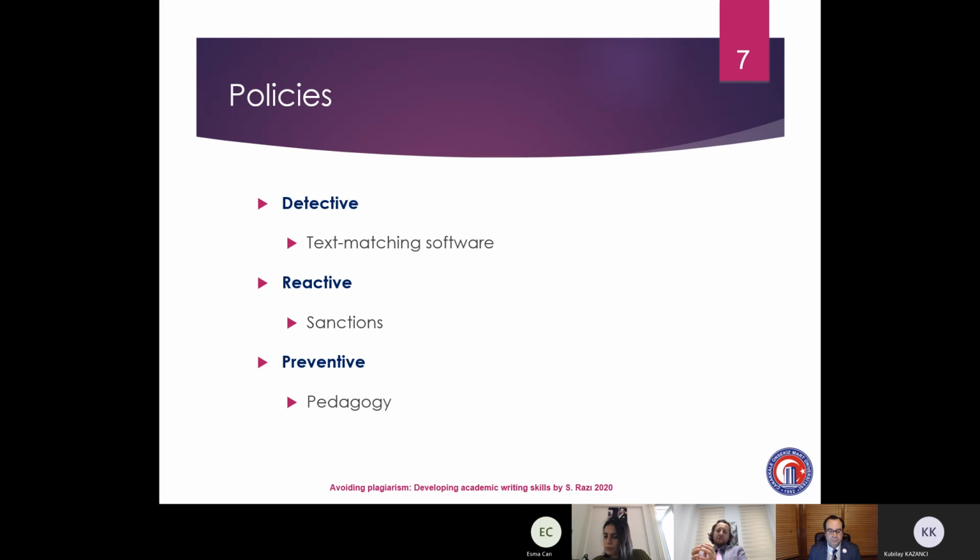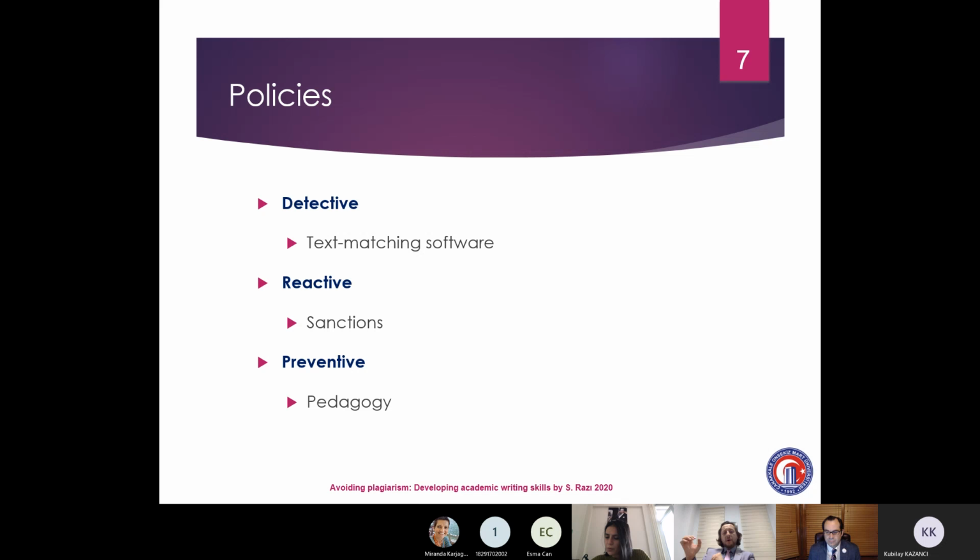Some of the policies, for example, focus on detection of academic misconduct, detection of plagiarism. For example, in Turkey, the Higher Education Council provides some guidelines regarding academic misconduct, and their approach is limited to the detection of academic misconduct and plagiarism.